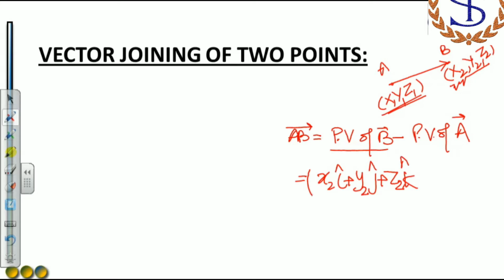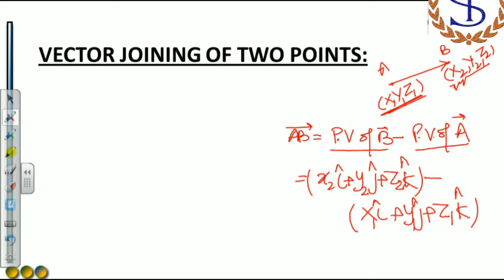This is the position vector of point B. In a similar way, the position vector of A means again putting i, j, k before the coordinates given to us. So x1 i plus y1 j plus z1 k. This is the position vector of point A.